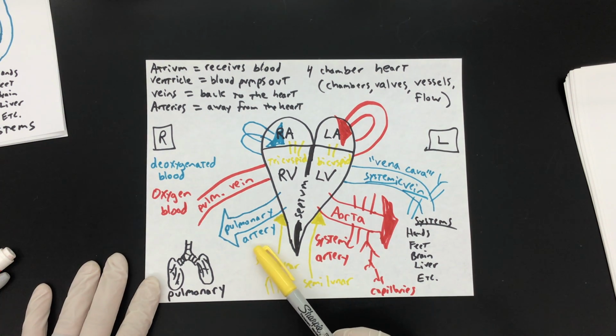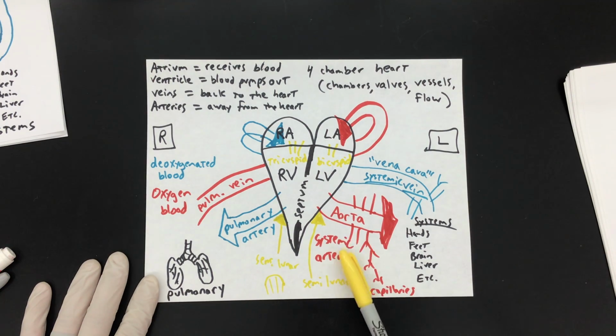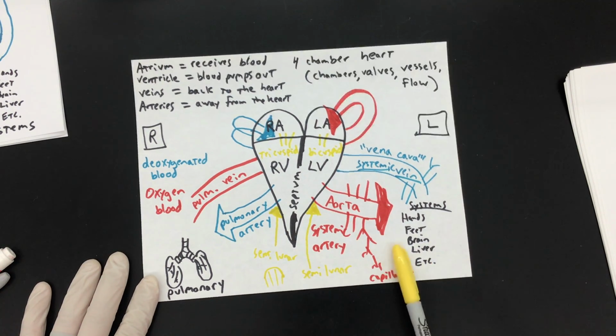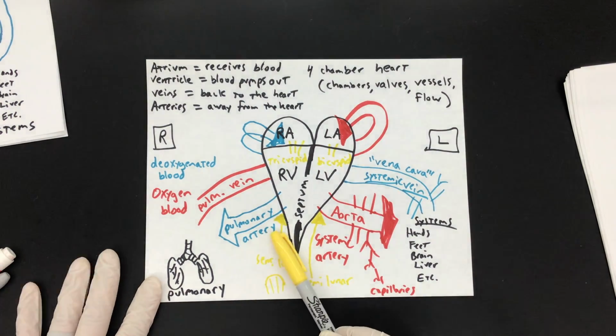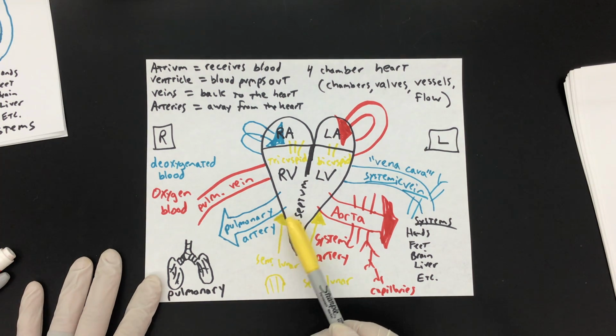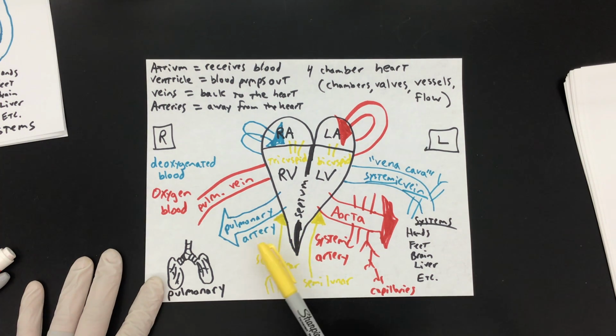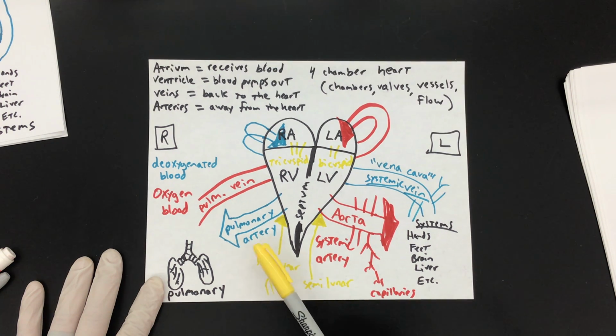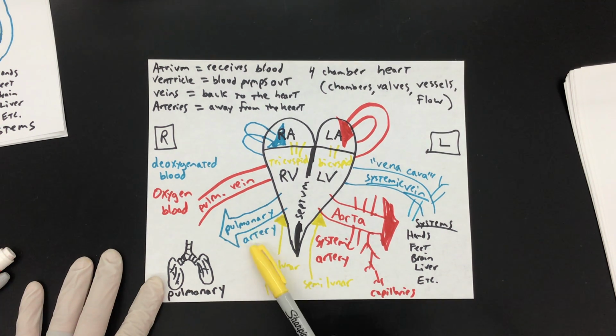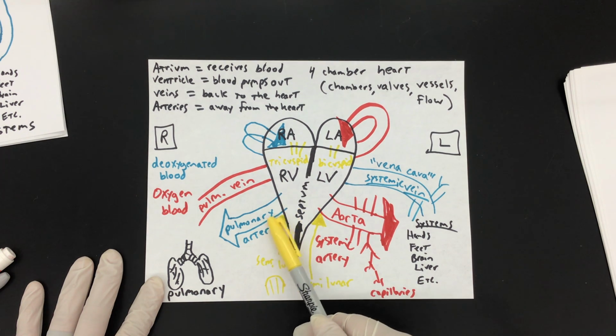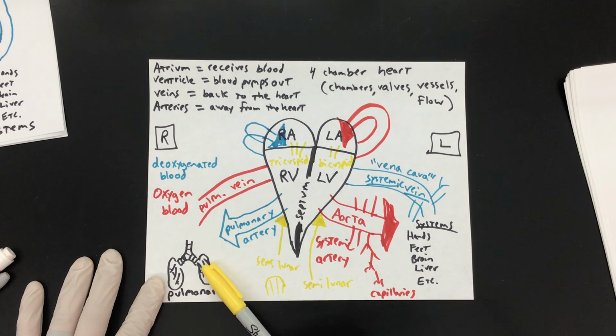But that's not true. In fact, most of them are, because they're going to all your systems. But the one and only artery that is deoxygenated is this pulmonary artery, because it's taking blood away from the heart to go to the lungs to pick up oxygen.